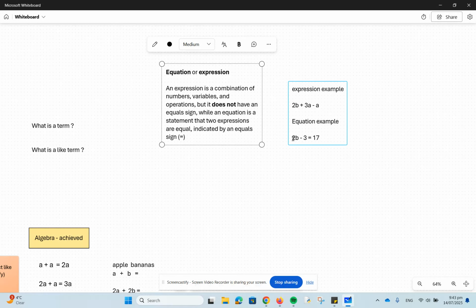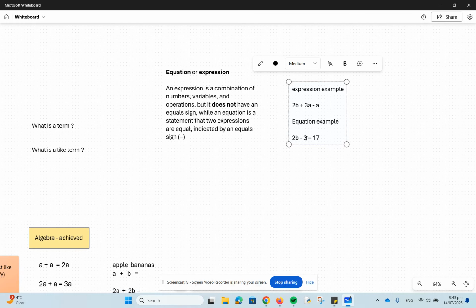So we have the 2b minus 3, and that is equal to 17, which is a term there. One expression is on this side, and one expression is on this side. Remember, expressions are made up of terms. So 1, 2, 3 terms, and they've got operators in between.